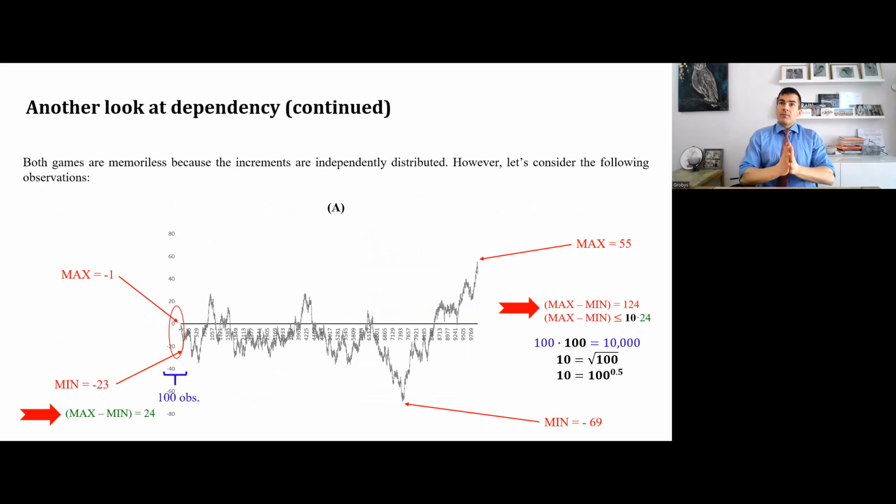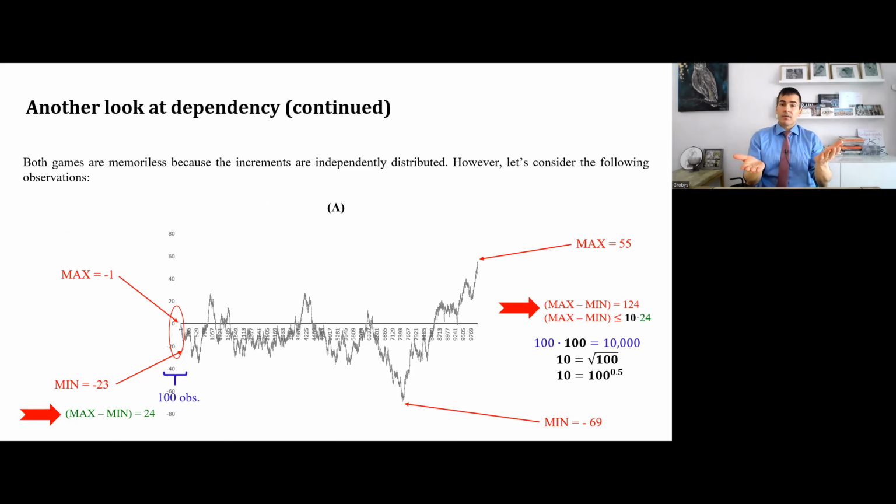Both games are memoryless because the increments are independently distributed. In each game, there is a 50% probability that we have head and 50% probability that we will have tail.